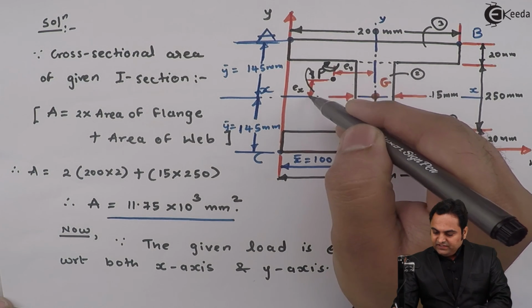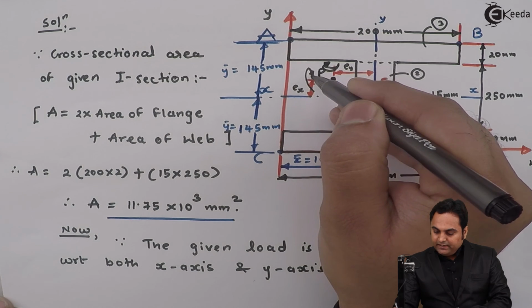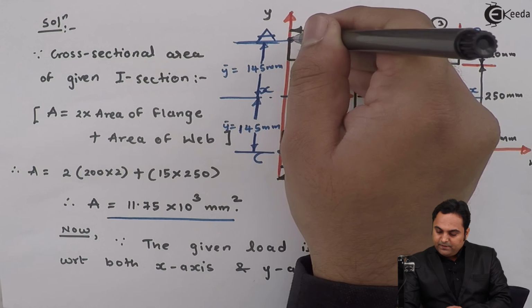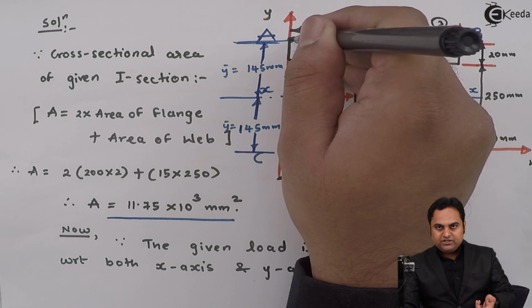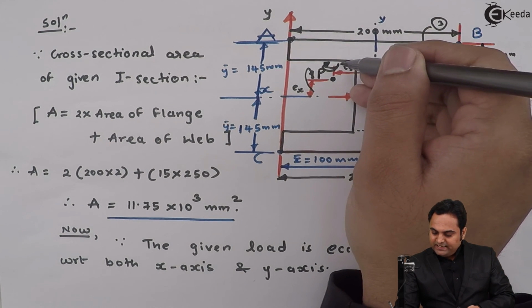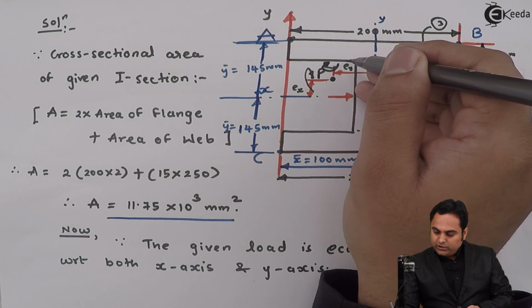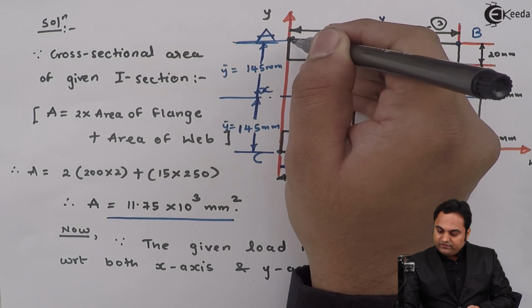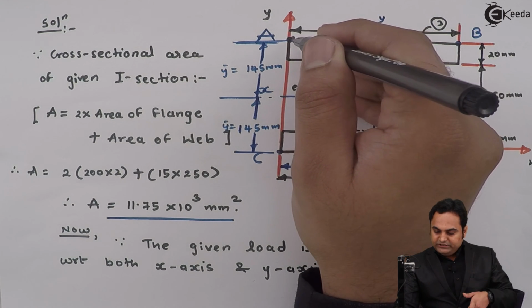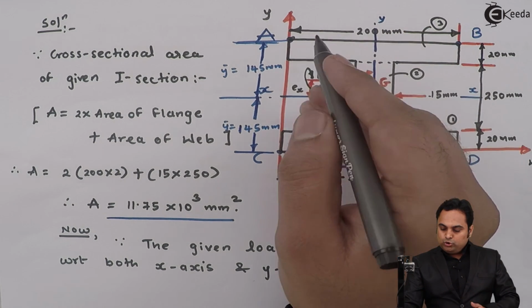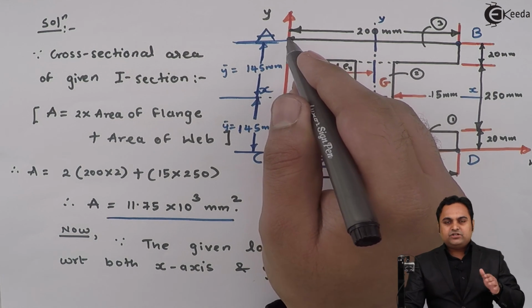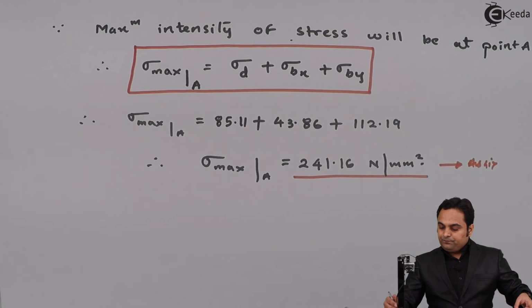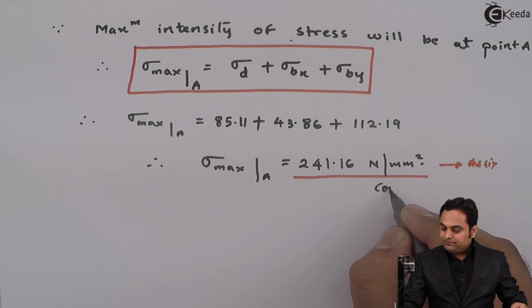Because of eccentricity Ex, there will be bending about x axis, and because of that bending, point A will be pressed, so there is compression. Next, about y axis there is eccentricity, so again when the load is acting, there will be bending produced, and that will result in pressing of point A, again there is compression. So here point A is subjected to compression throughout, answer is positive. So I'll write down here this is compressive.